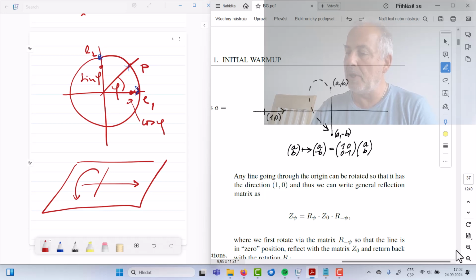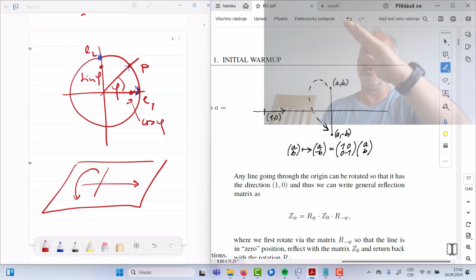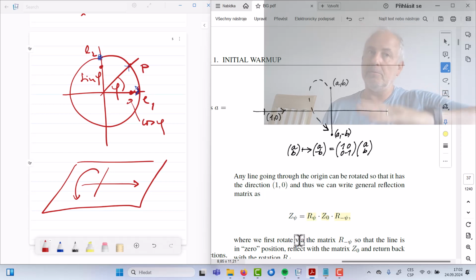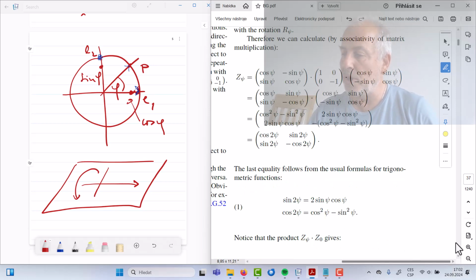And if you want to make the same with respect to another line through the origin, then you simply first rotate the line to the x-axis, then you perform the reflection we know about, and then you come back by rotating again. And that's again via the matrix calculus, absolutely easy. So that's nice.